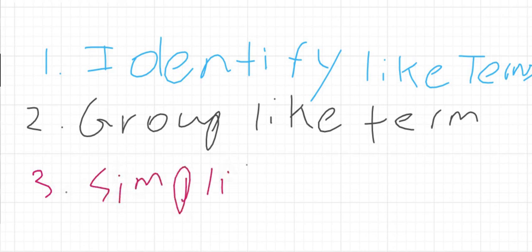We simplify. So let us look at an example to actually see how these steps work and if it makes sense or is meaningful or helpful to you. So let us look at an expression.